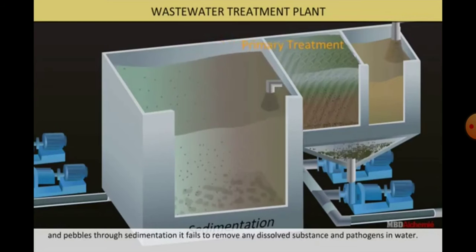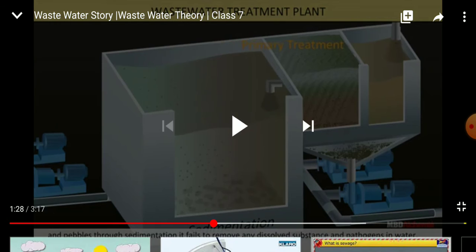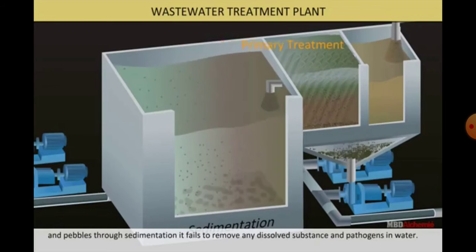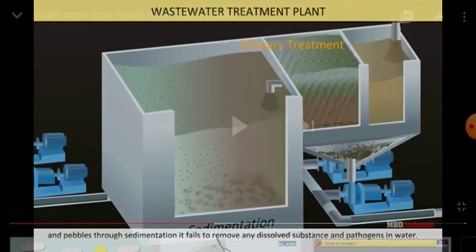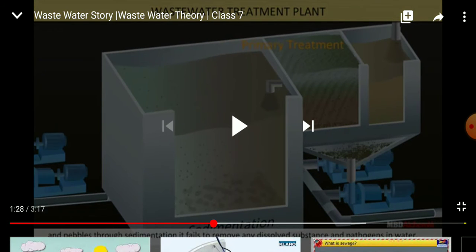The solid waste that settles at the bottom is called sludge, and sludge is removed with the help of a scraper. The light material which floats on the top is known as scum, and it is removed with the help of a skimmer. Again I am repeating, sludge is removed with the help of a scraper, and the oil that floats on the top is removed with the help of a skimmer.